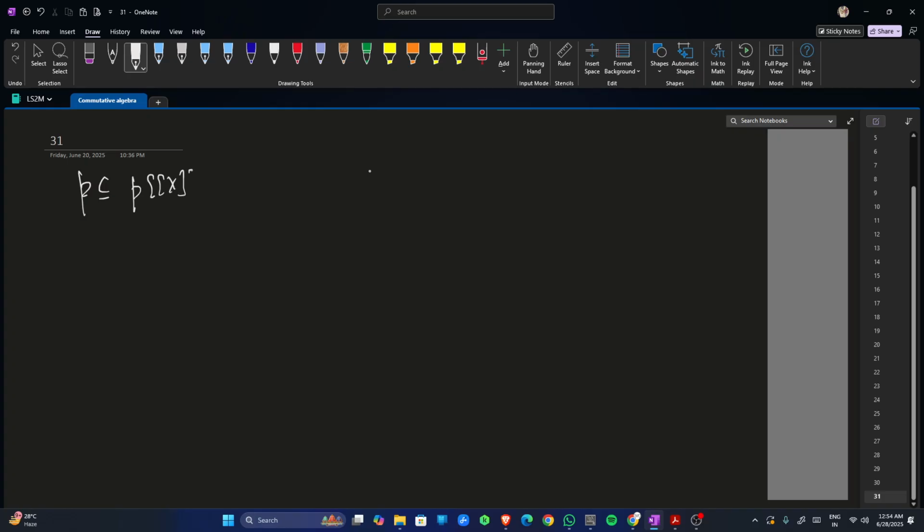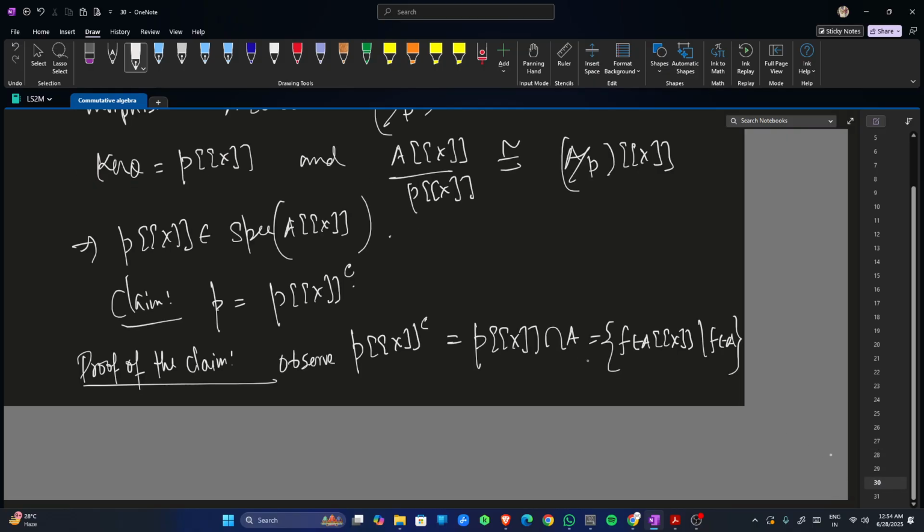Reverse inclusion: P[[X]] contraction is all such f belonging to P[[X]] such that f is in A. So P is in this set. Take an element, so it is in A, that we have no problem. The reverse inclusion: take an element here and show that it is in P.